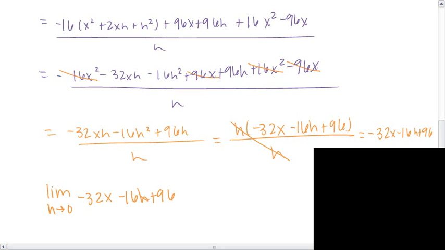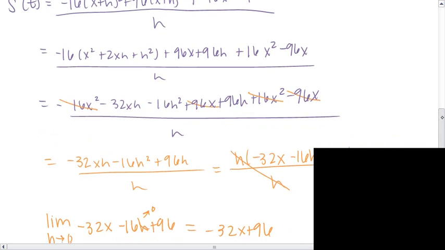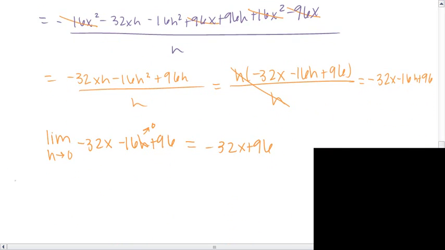And this is where you could essentially say, okay, the h is approaching 0, so this limit equals negative 32x plus 96. And then this is where you could say the derivative s prime of, we'll call it x since we changed our variable to x, is negative 32x plus 96.